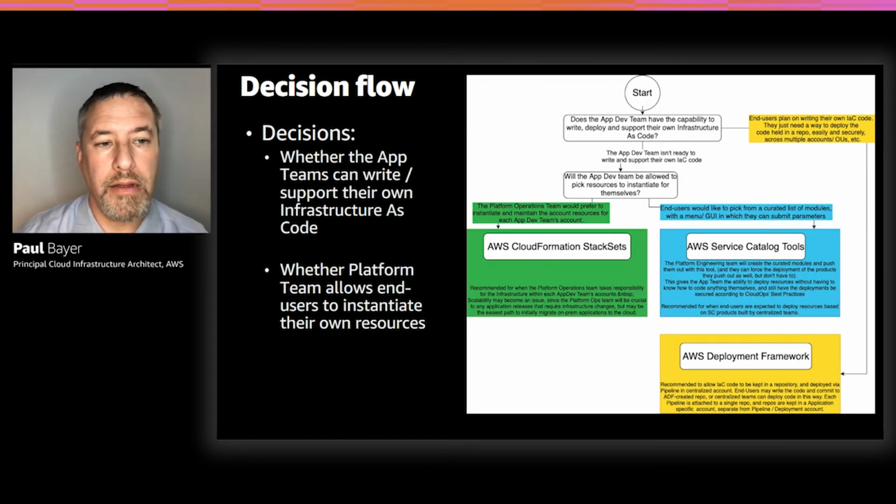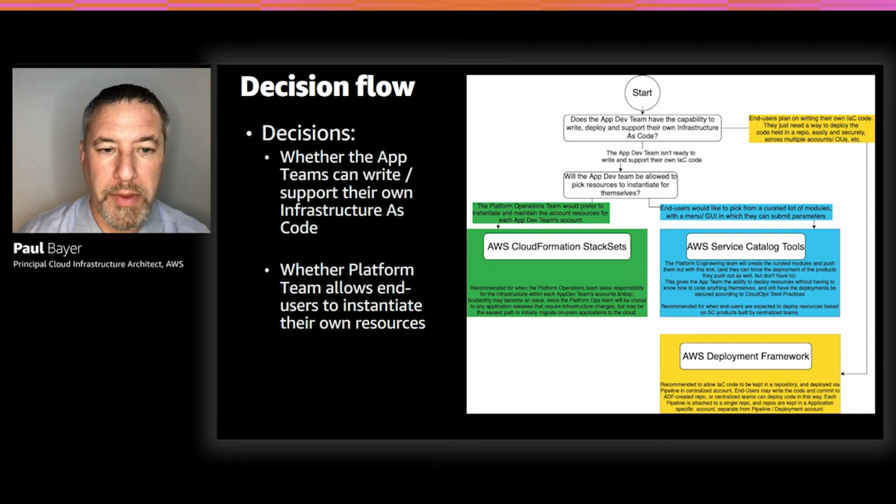Now, if we go back up top, if the app team does have the right to instantiate their own infrastructure of a certain type, we would then recommend the AWS Deployment Framework deployment tool. This allows the application team to push out their own templates, their own code into various accounts, and they would be responsible.